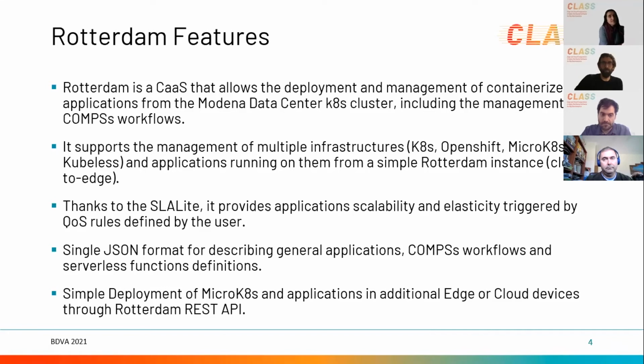Thanks to the SLA Lite, which is a part of Rotterdam, it provides applications with scalability and elasticity triggered by the quality of service rules defined by the user. And this is done just by a simple REST API and a JSON file to describe the generalities of the application or the workflow, and also the quality of service needs.